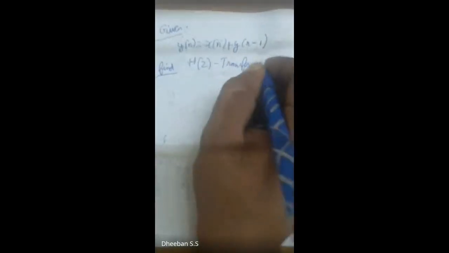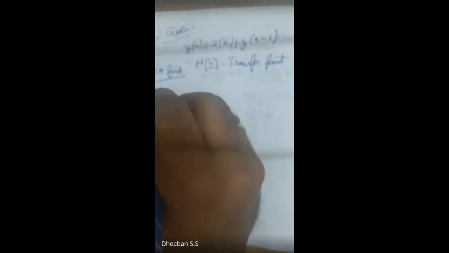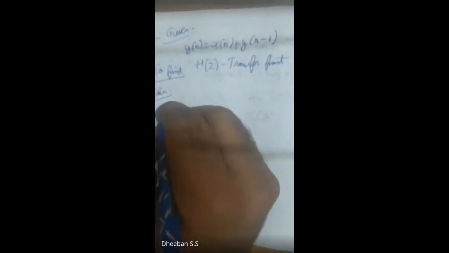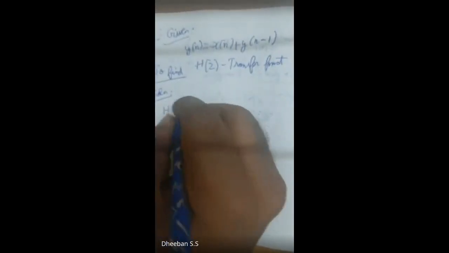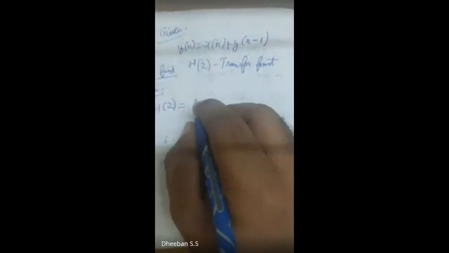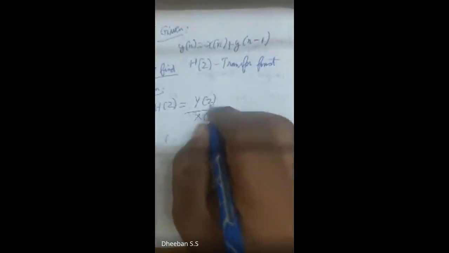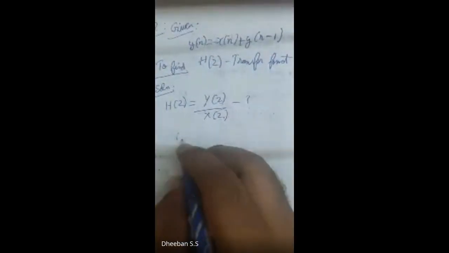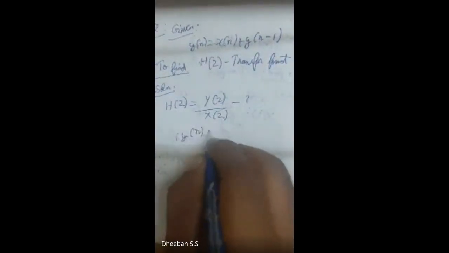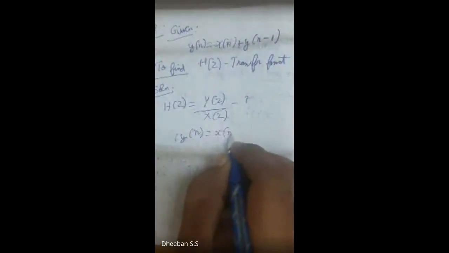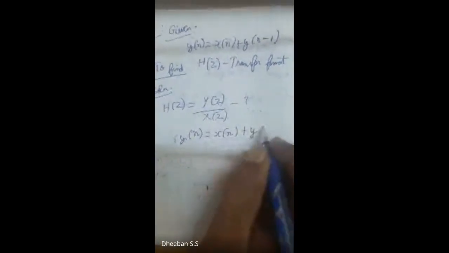H of z is nothing but the transfer function. They ask us to find the transfer function. In your control system, you have to do the transfer function, which is h of z, equal to output by input. Now y of n is given, so you just write it in terms of your Z transform.